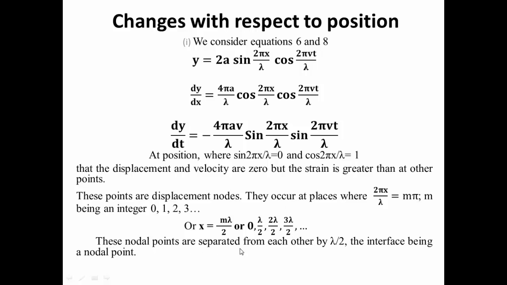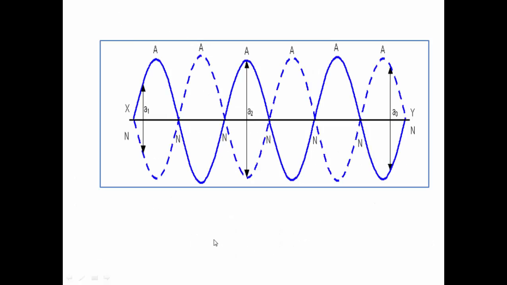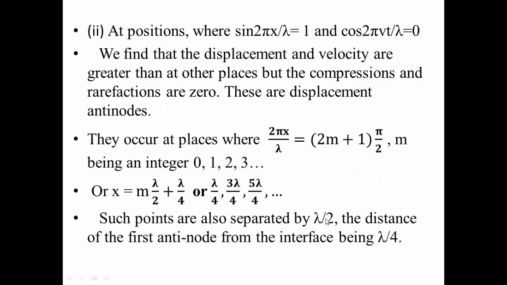These points are called nodal points or nodes, and they are separated by λ/2 distance: λ/2 minus 0 is λ/2, 2λ/2 minus λ/2 is λ/2, and 3λ/2 minus 2λ/2 is again λ/2. So the distance between two adjacent nodes is λ/2.